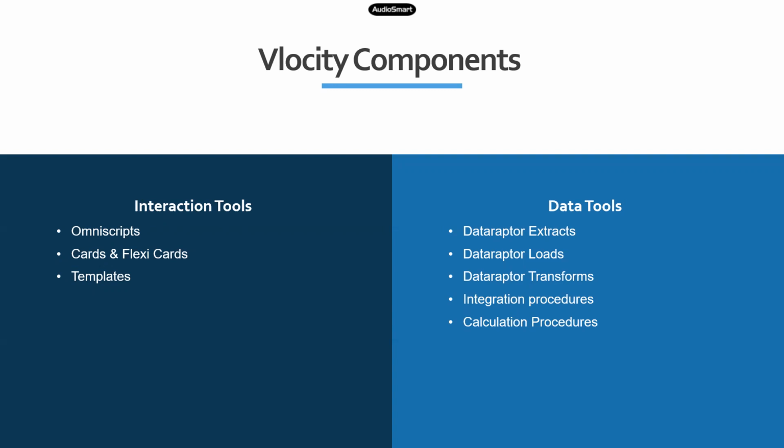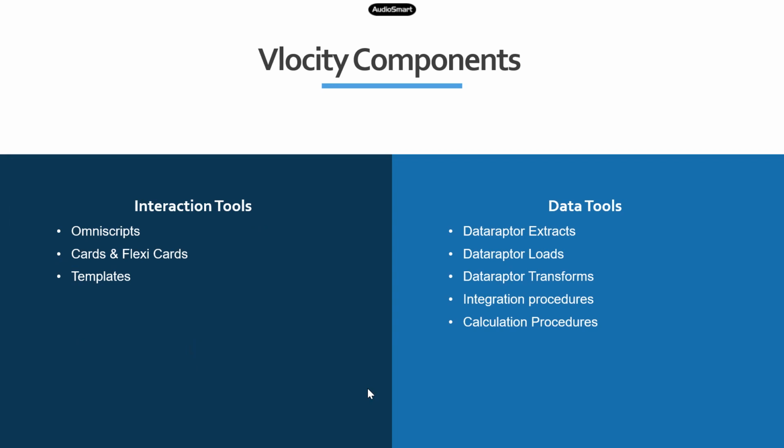And after the for loop, then you do this update statement or insert statement, whatever it is. You don't have to do all of that. Just create a DataRaptor Load, define the object, define your primary key, and define what data goes into which field. That's it. It's all configuration. Then transform and calculation procedure we can see when we have our actual training sessions.